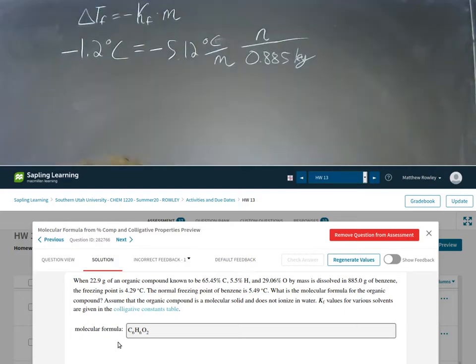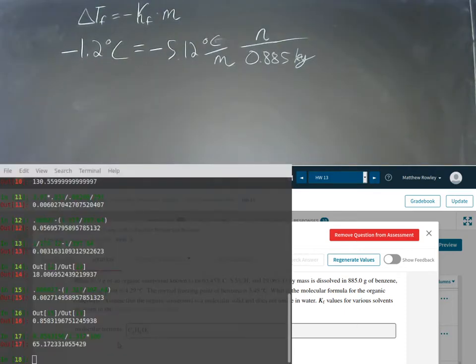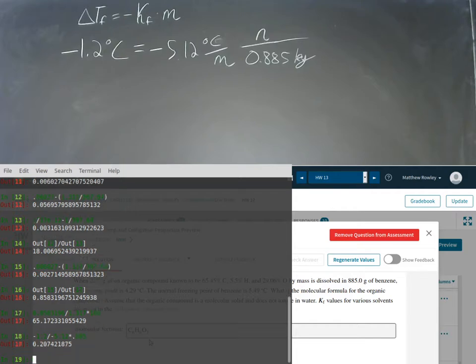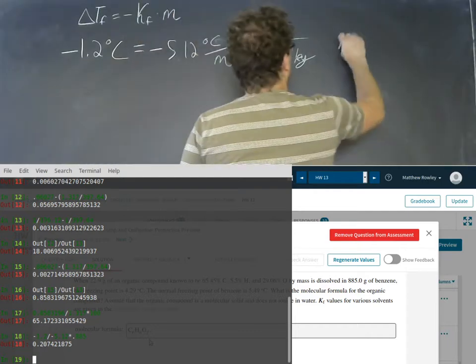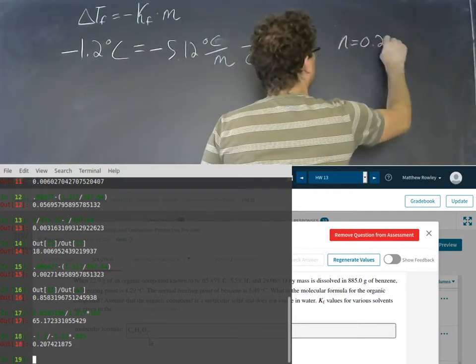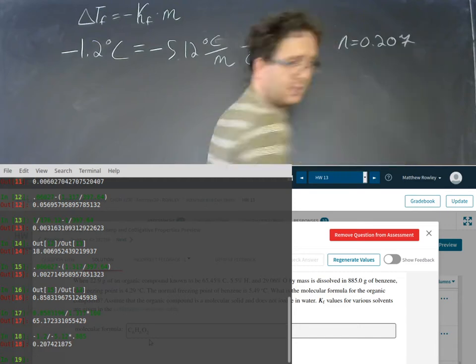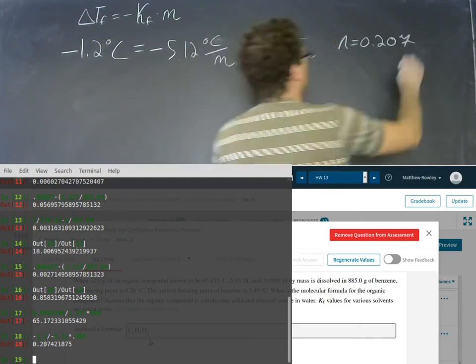Let's pull up the calculator. n is going to equal negative 1.2 divided by negative 5.12 times 0.885. And we get n is equal to 0.2074 moles.